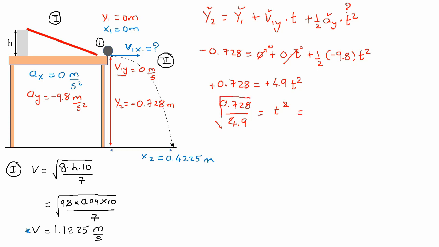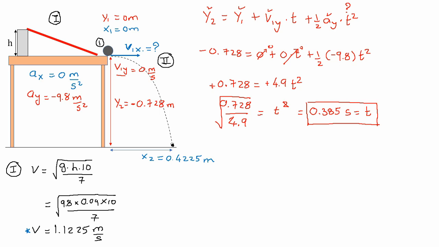And this gives us 0.385. So 0.385 seconds is the time for the fall. Alright, so we know how long it takes to drop.